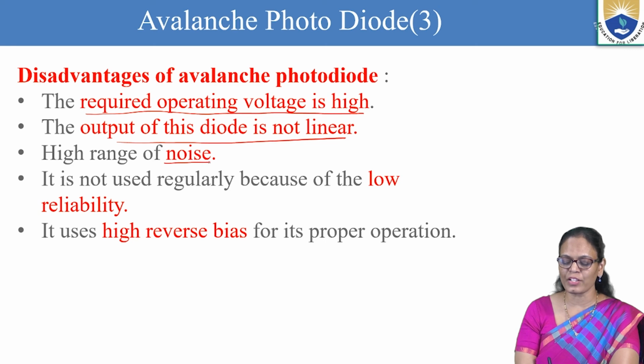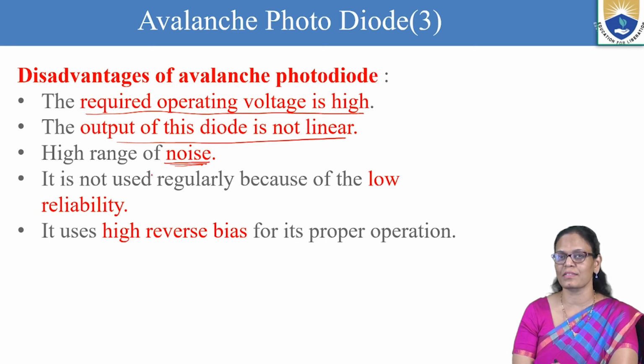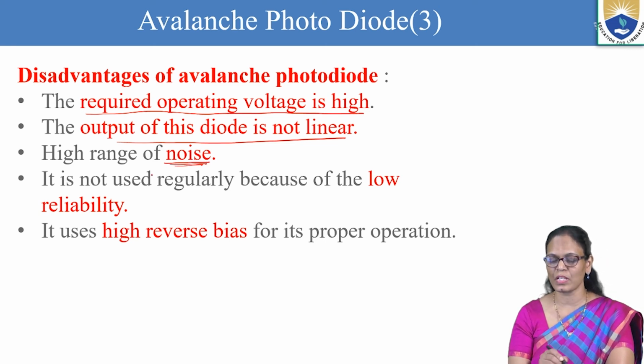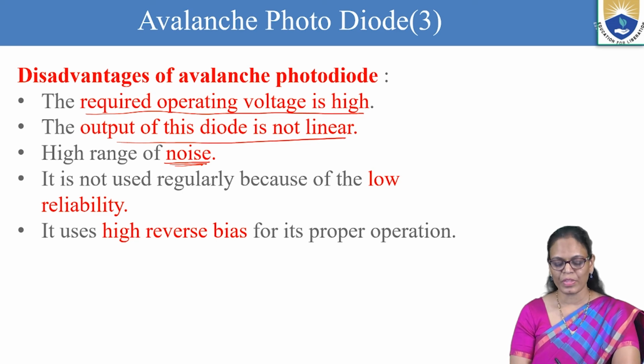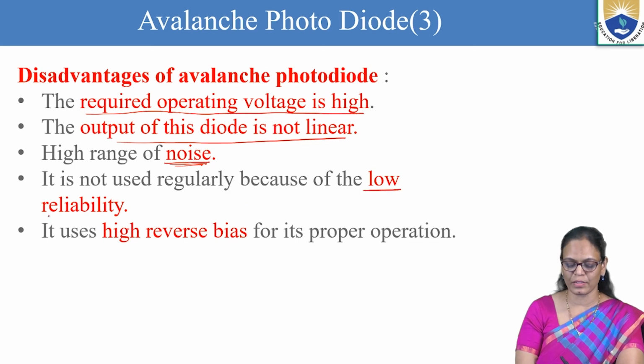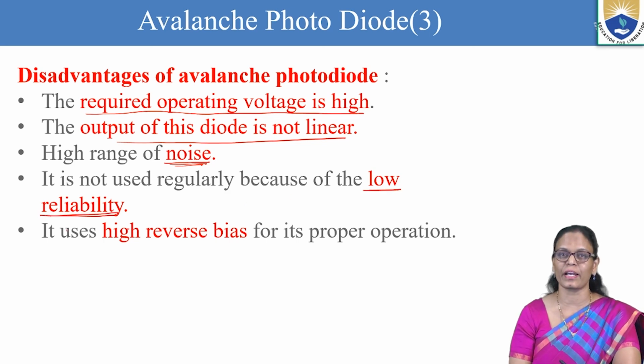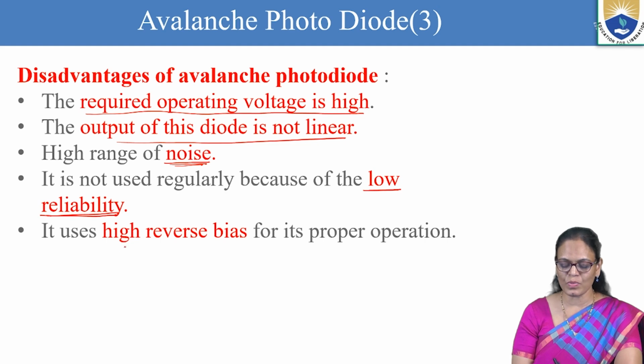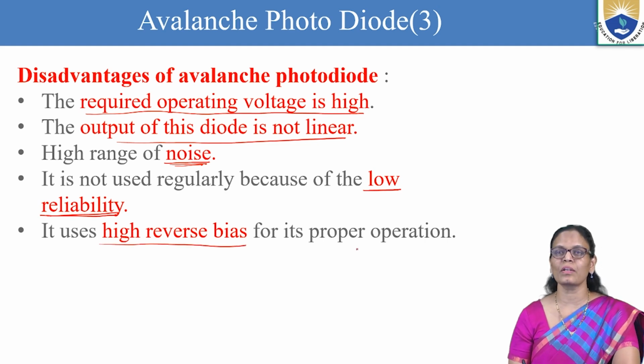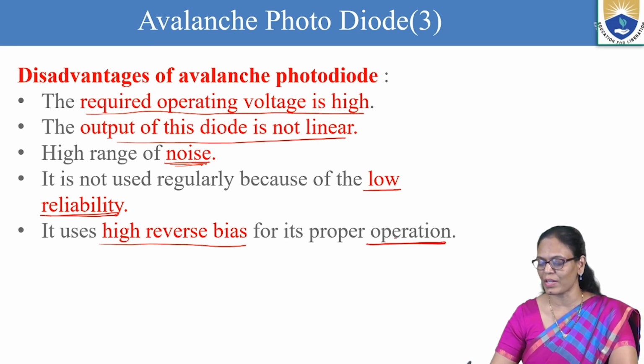Then there is a high range of noise, created because of this avalanche process. Then it is not used regularly because of low reliability, so it is not so reliable. And it uses high reverse bias for its operation, so the high reverse bias is also a problem in operating the devices.